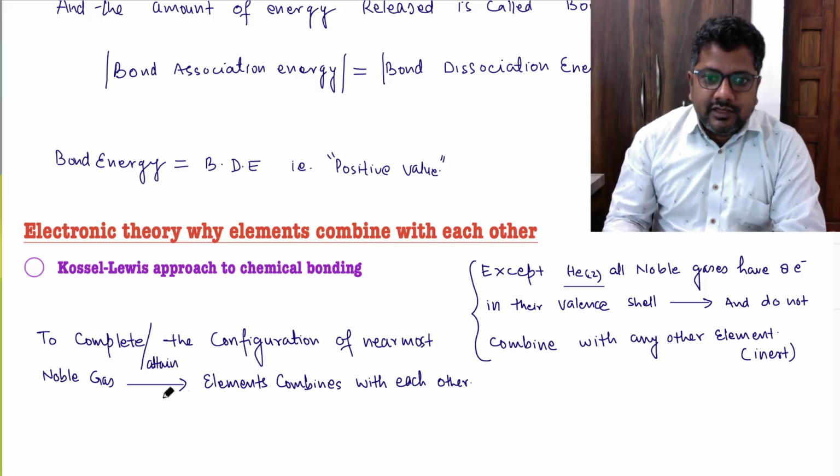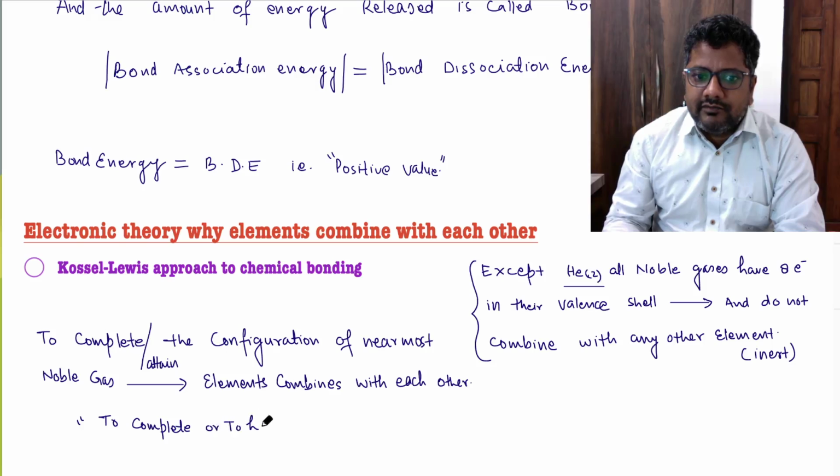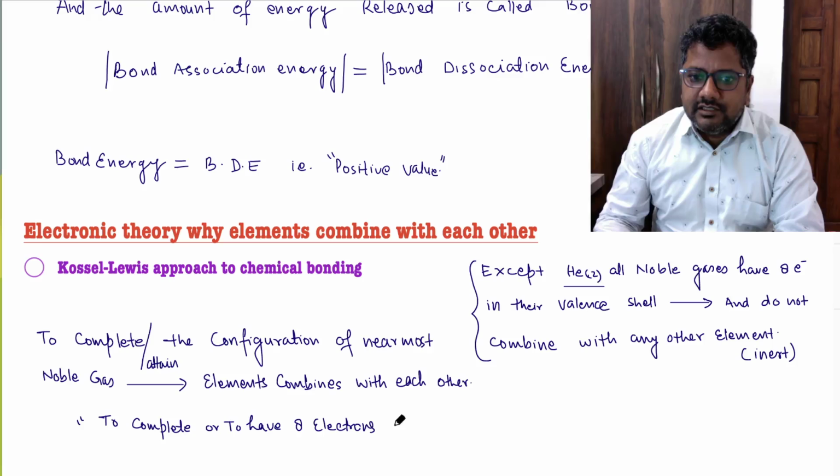So you can simplify this statement: elements combine with each other to complete, or to have, 8 electrons in the valence shell.